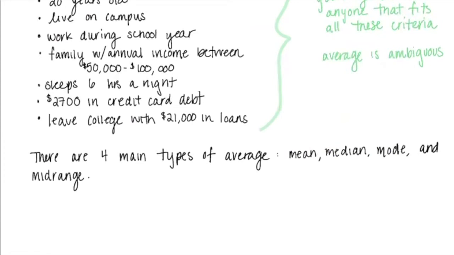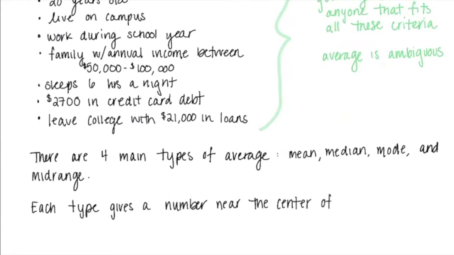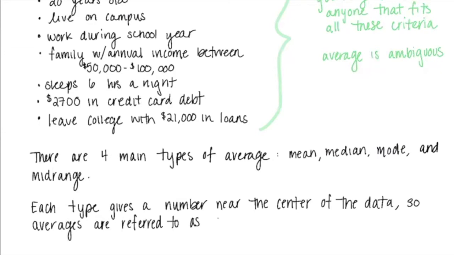But ultimately, each type gives a number near the center of the data. So averages are referred to as measures of central tendency.